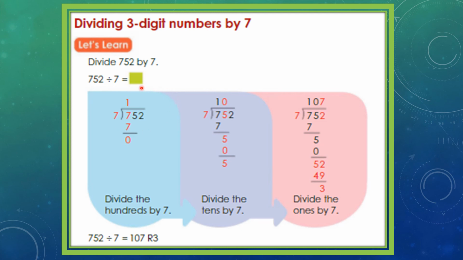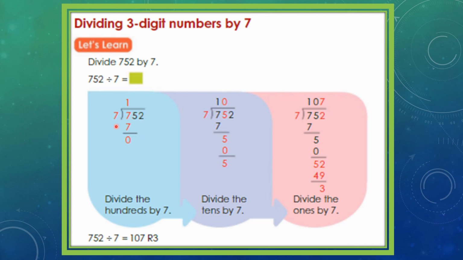So this is an example of the long division method. When dividing, class, we always start at the highest place value. Our dividend has 3 digits, 7, 5, and 2, and our divisor is 7.